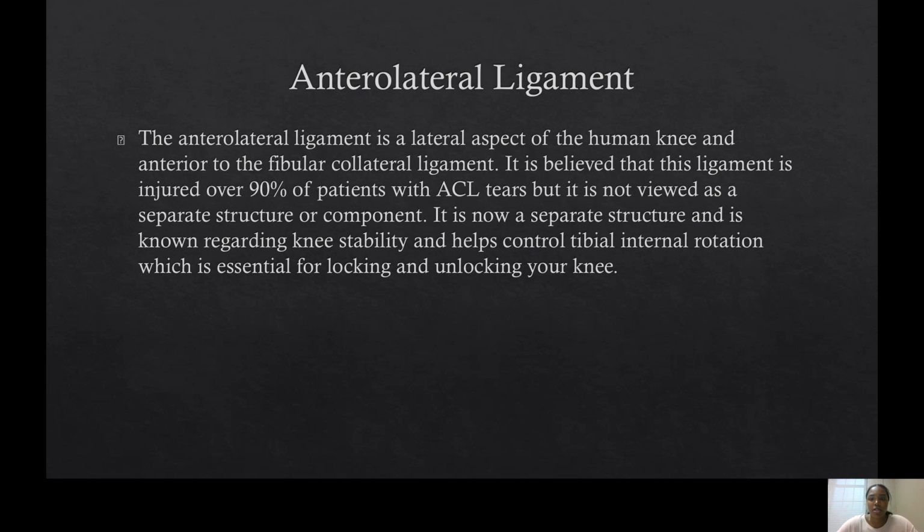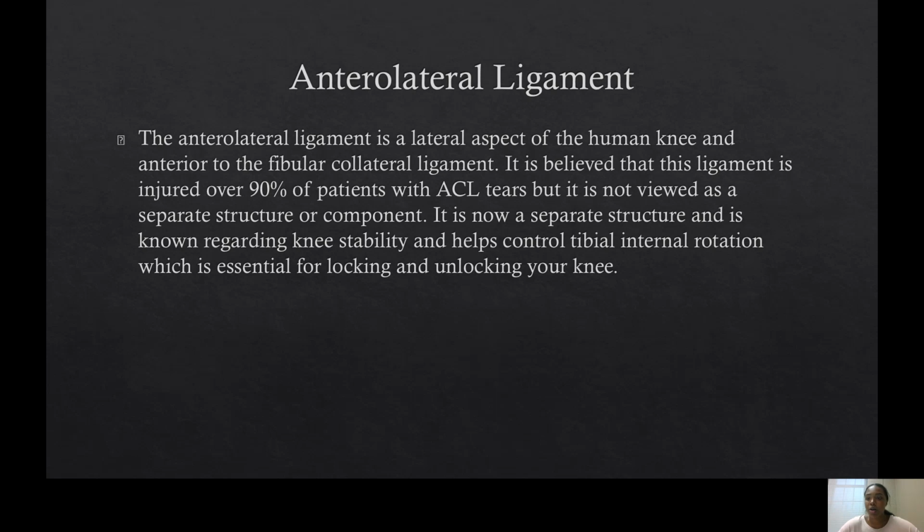The anterolateral ligament is on the lateral aspect of the human knee and anterior to the fibular collateral ligament. It is believed that when you tear your ACL, studies have shown, like in many other patients, 90% of patients with ACL tears also tear this ligament as well, but it was not viewed as a separate structure or component.